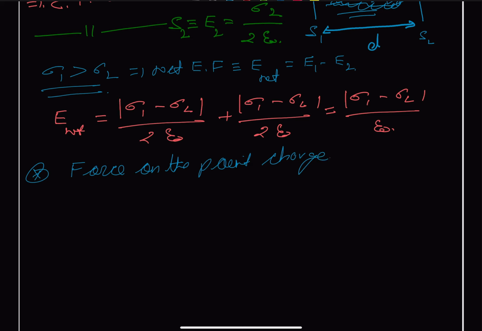If that force is given as F, then F is equal to Q multiplied by E net. This gives us that the force F will be equal to Q times sigma 1 minus sigma 2 divided by epsilon naught. Now we can easily find the work done.